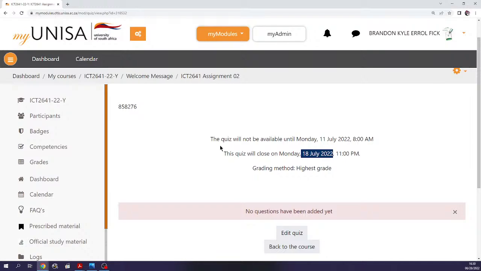So there always used to be this thing where students would all submit on the last day, 11 p.m. on the last day, super last minute. They would all submit, and then UNISA would just explode. And everybody would say, oh no, I need an extension. I was ready to submit, my UNISA blew up, send help. And then we would be like, how do we know for sure that you were ready to submit?